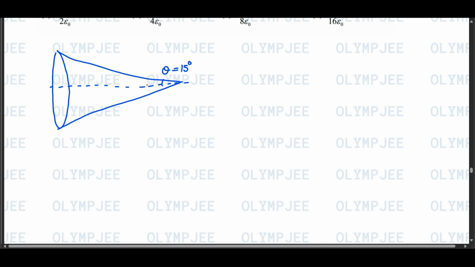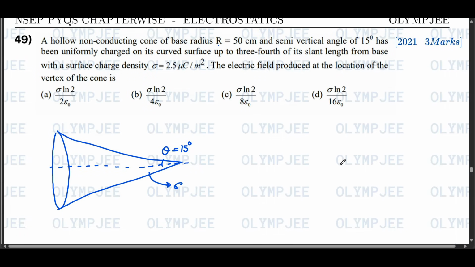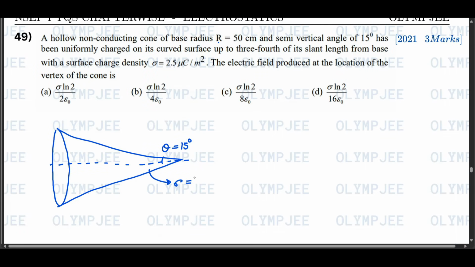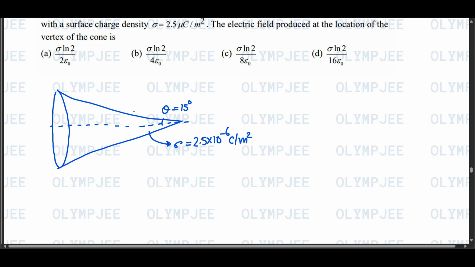And this has a surface charge density sigma, which is equal to 2.5 multiplied by 10 raised to the power minus 6 coulomb per meter square. And so let us see the contribution of individual ring at the vertex. So assume that this is at a distance of x from the vertex.